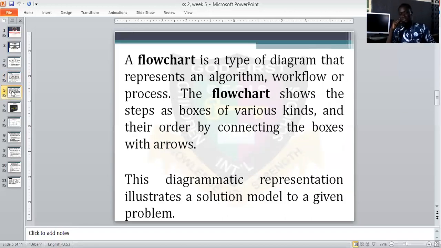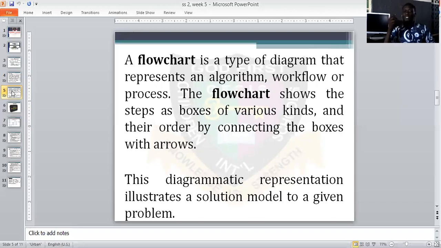Then a flowchart. A flowchart is a type of diagram that represents an algorithm. That diagram that is used to represent an algorithm is called a flowchart, or workflow, or a process.